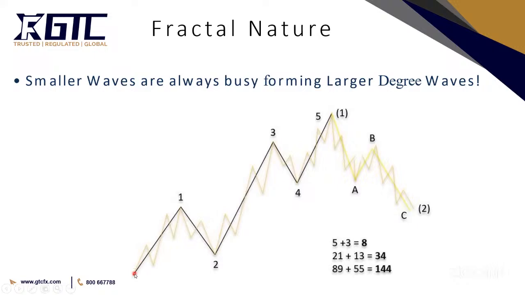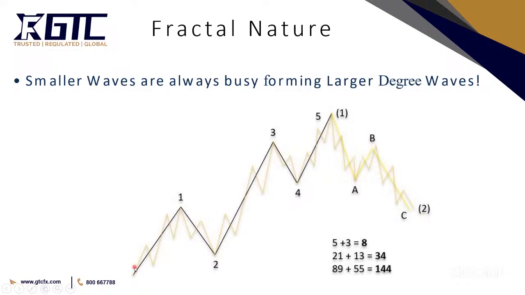Do you all agree that there are 2 waves in this chart? From this point to that point is wave 1 in brackets, and from that point to this point is wave 2 in brackets. So one way to look at this chart is that there are 2 waves, wave 1 and wave 2.